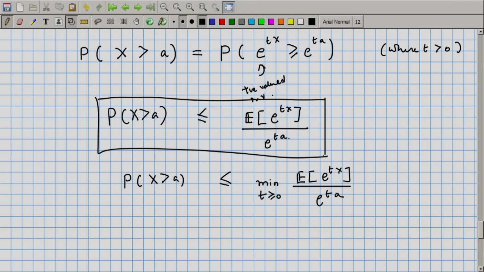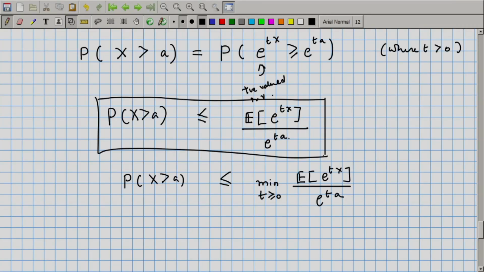So, you can try and optimize depending upon the random variable x and how its distribution is. e raised to tx, its expectation is going to have some functional form dependent on t, and so the numerator and denominator both have t in them. You can try and figure out what is the best value of t, the one that minimizes this expression, and even for that value this probability will be less than that. Okay. So, these kinds of bounds are in general known as Chernoff bounds.